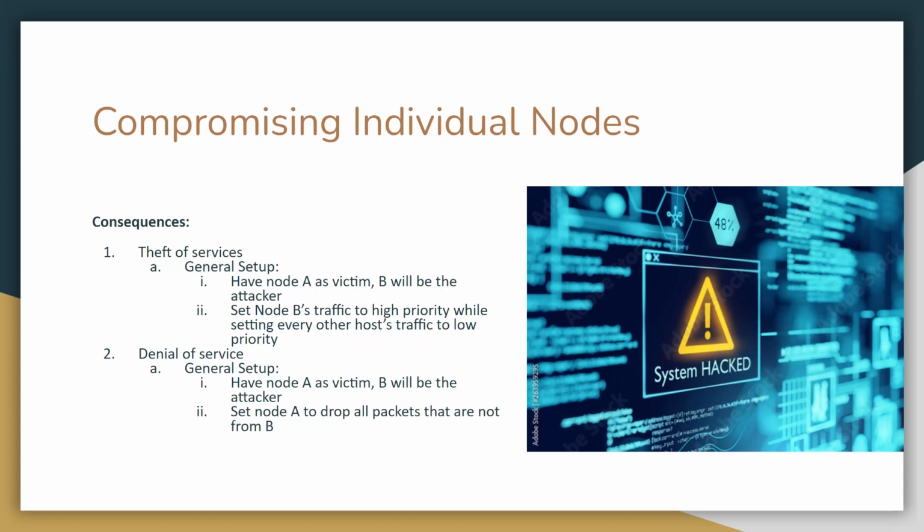We would then set all traffic coming from the attacker to have a high priority and other node traffic to be a lower priority. For the setup of the second attack, it would be a similar setup to the first, with one node being the victim and another node being the attacker. We would then set the victim node to drop all packets that are not originating from the attacker.